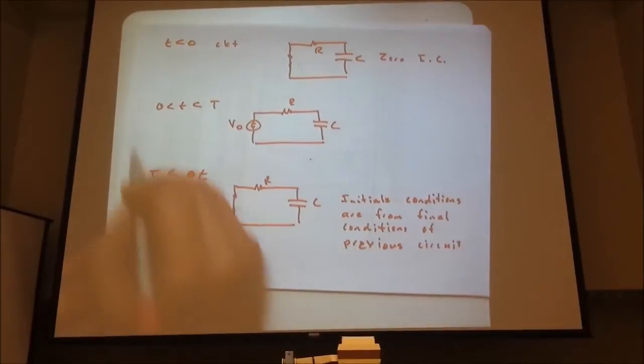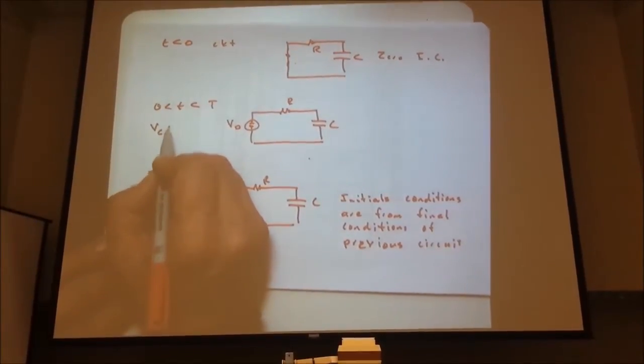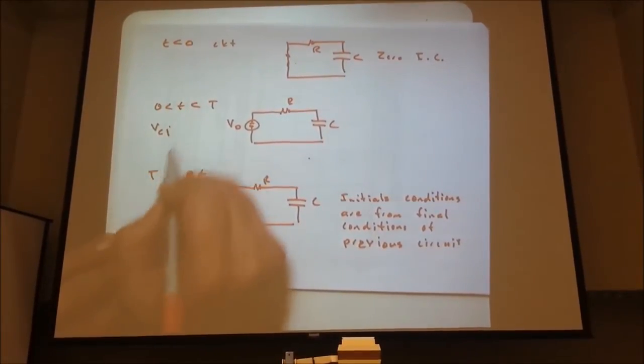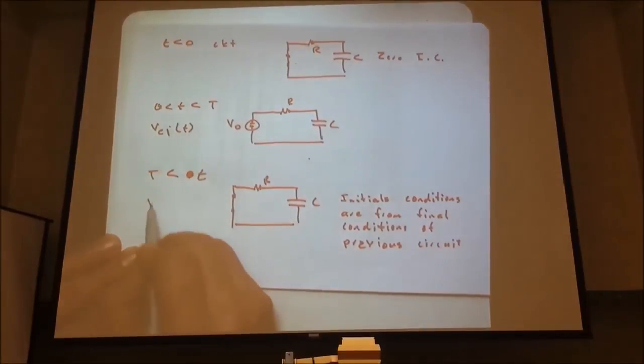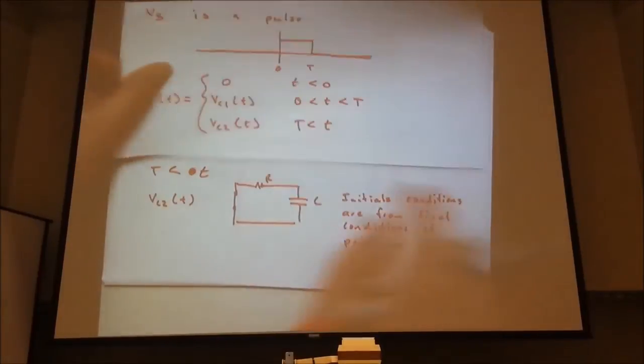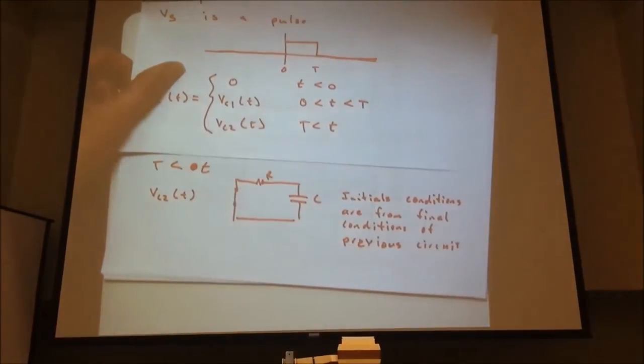In other words, we call this VC1 of T and VC2 of T in our previous page, where we define the solutions, just general form.